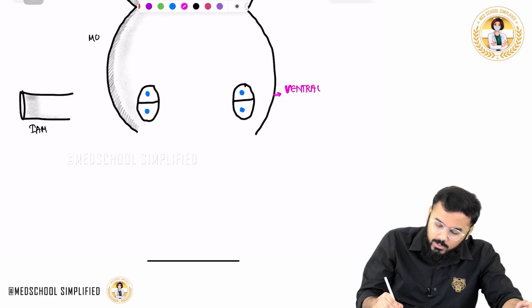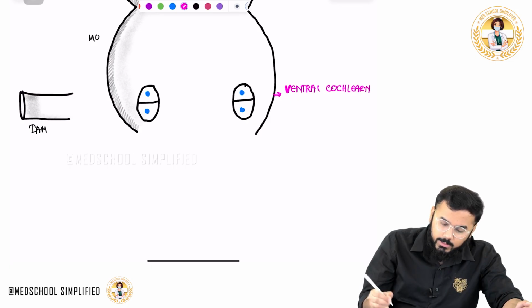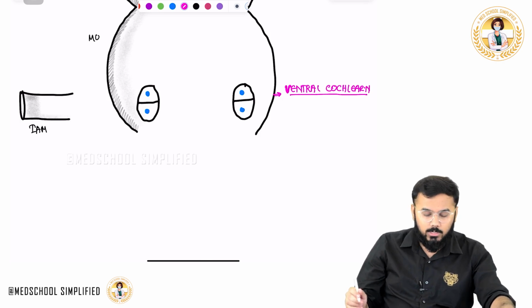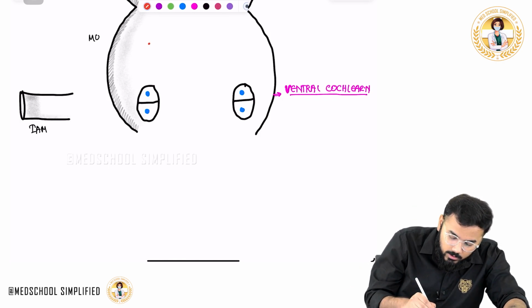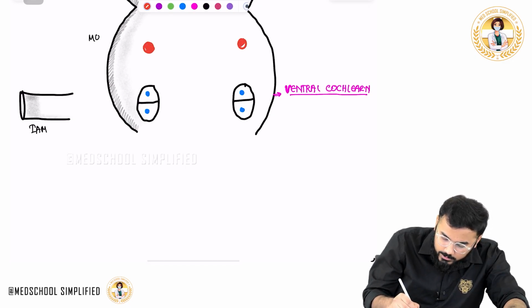When I say ventral cochlear nucleus, there should also be a dorsal cochlear nucleus, right? Exactly above that we have got the dorsal cochlear nucleus.